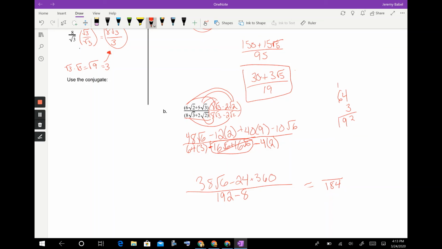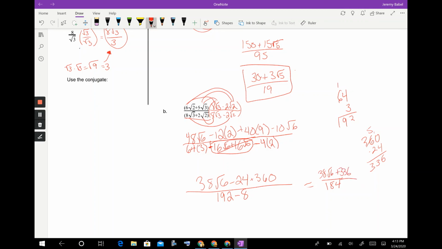Combine like terms just a little bit more. 120 minus 24 is 96. So we've got 38 root 6 plus 96.